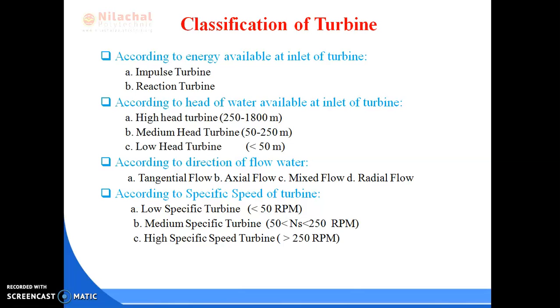A nozzle is a mechanical device with gradually decreasing area, used at the outlet of penstock, whose function is to convert the hydraulic energy into kinetic energy. So in this way, if kinetic energy is available at the inlet of turbine, then that is known as an impulse turbine. Then what is a reaction turbine?